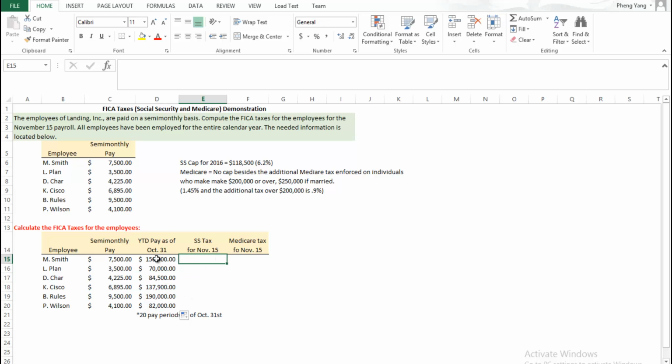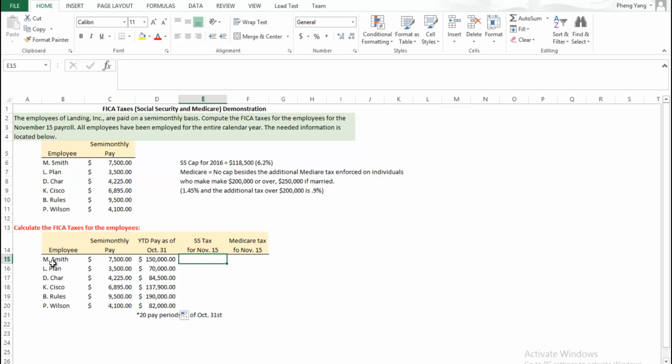Okay, now that we've got the correct year-to-date gross earned for each employee, we can go in and dictate how much Social Security tax should be imposed on each of these employees, taking into consideration the cap for Social Security. Okay.